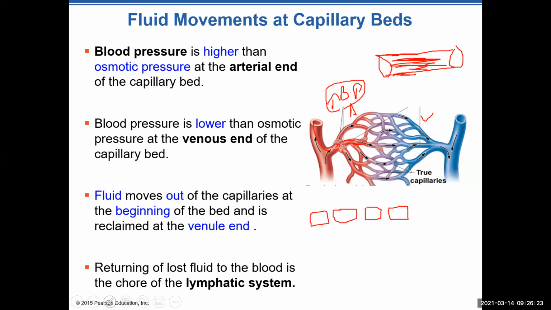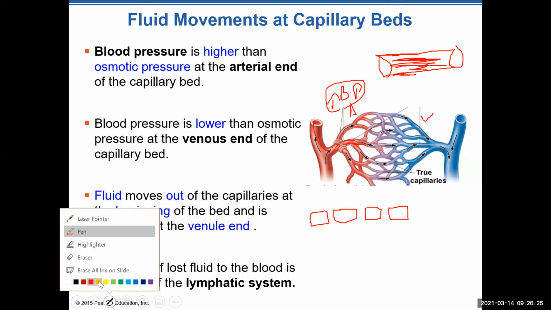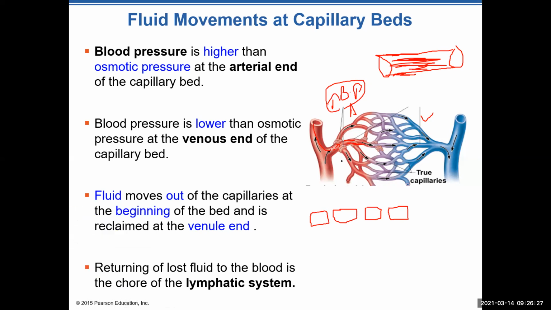So the things present in the plasma, like your oxygen and nutrients which are present in the blood, diffuse out, right? It happens because here we have more blood pressure, and in the interstitial fluid there is less blood pressure, right? This is basically called filtration.